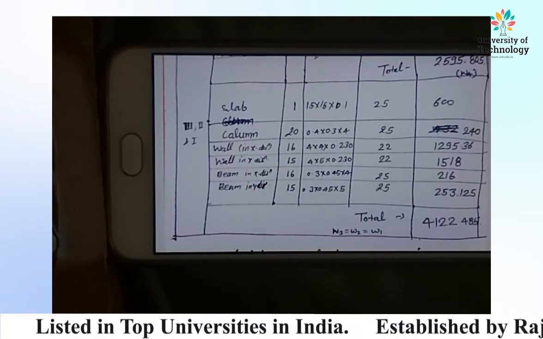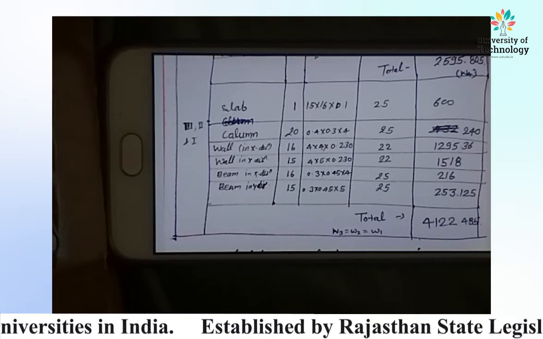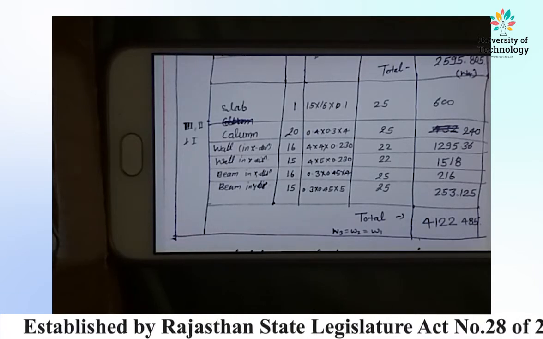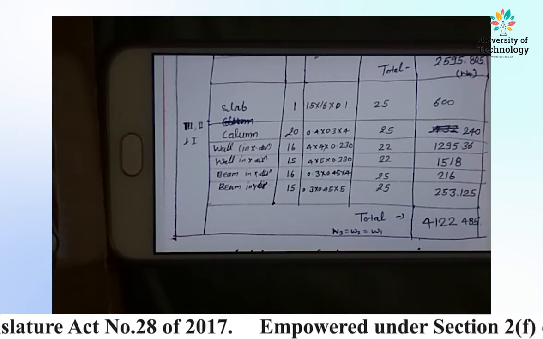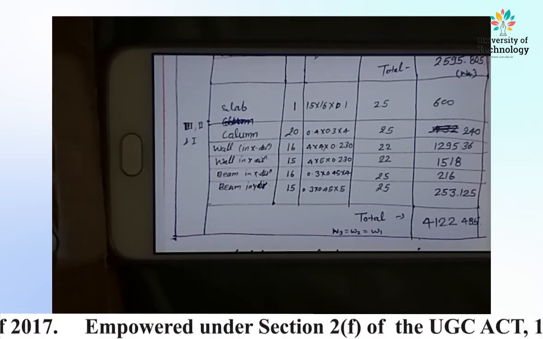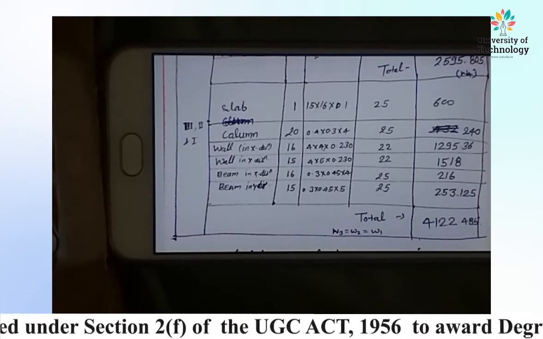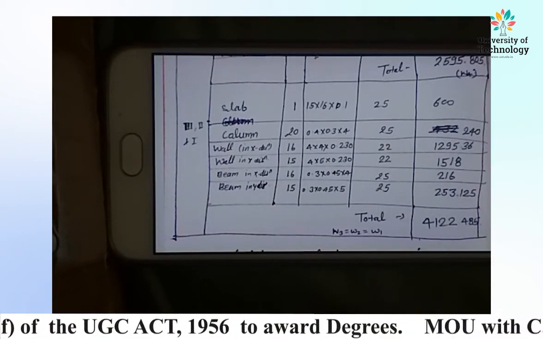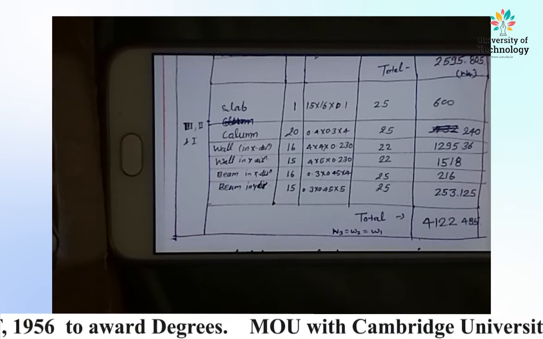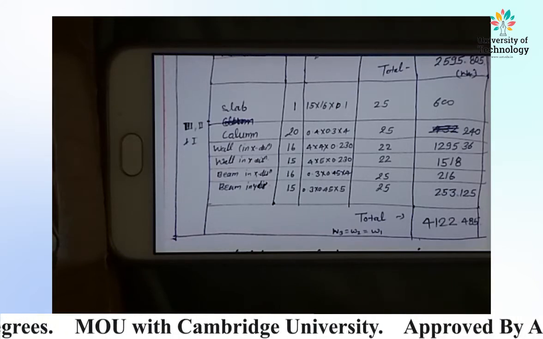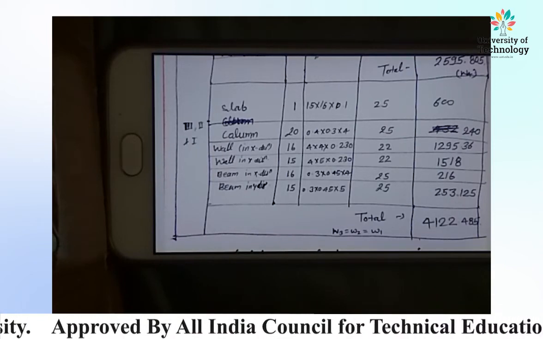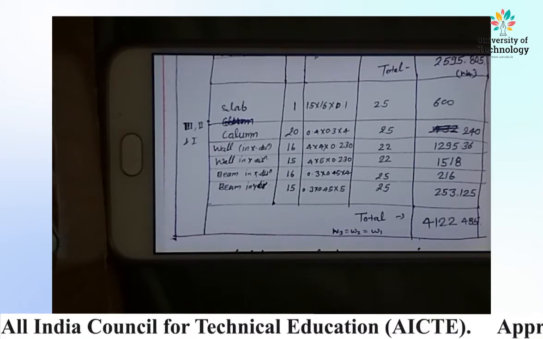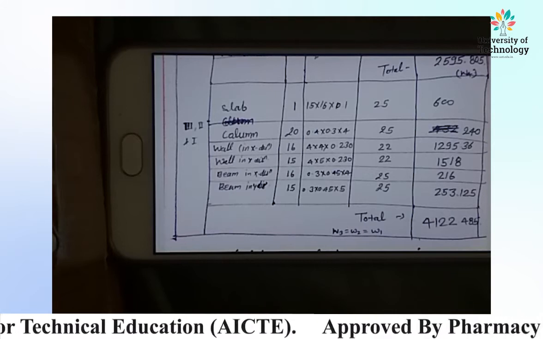This weight is for one story, because all stories are the same. So W3, the total weight of the third story, equals the total weight of the second story, equals the total weight of the first story. It is taken as 4122.485 for each.